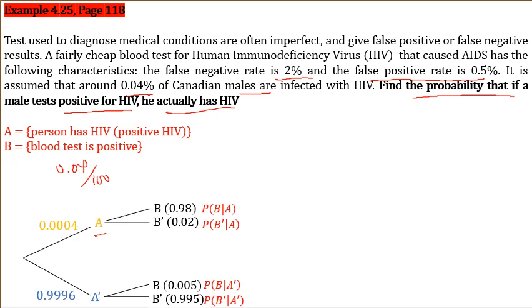The information given is the false negative rate, 2%. So for the person who has HIV, it is 1 minus 0.02, we get 0.98.